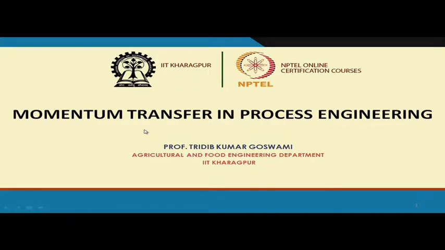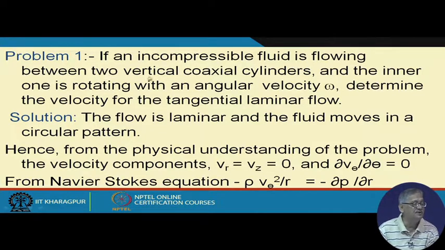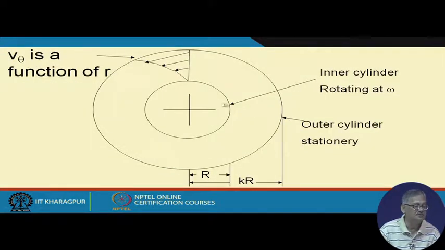So, here the same problem: an incompressible fluid is flowing between two vertical coaxial cylinders and the inner one is rotating with an angular velocity omega. Determine the velocity for the tangential laminar flow. Now, the inner one is rotating and the outer one is fixed.